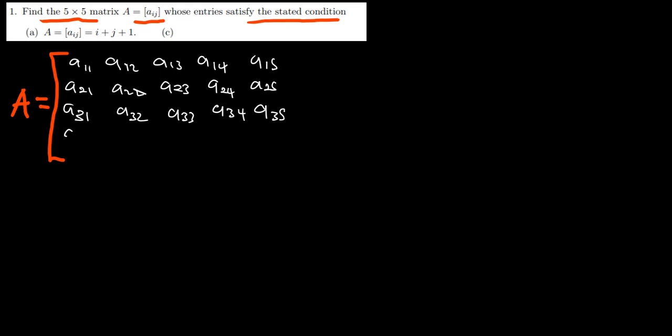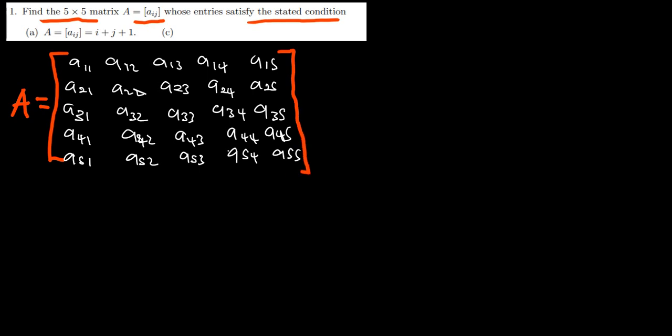We continue with A41, A42, A43, A44, A45, and then the last row will be A51, A52, A53, A54, then A55. So we can see that this here is just a 5 by 5 matrix.